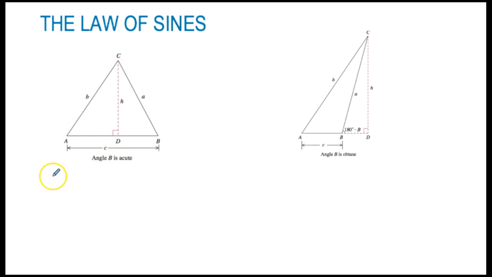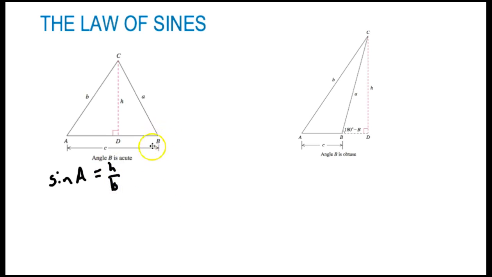So if I want the sine of angle A, well, that's going to be equal to the opposite side over the hypotenuse, because we're talking about this right triangle right here. Okay? By dropping a height, we create right triangles. So the sine of angle A is going to be opposite over hypotenuse. So that's h over b.